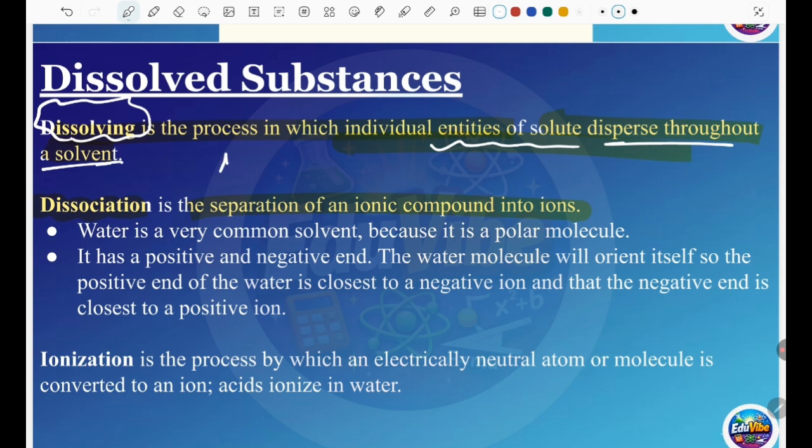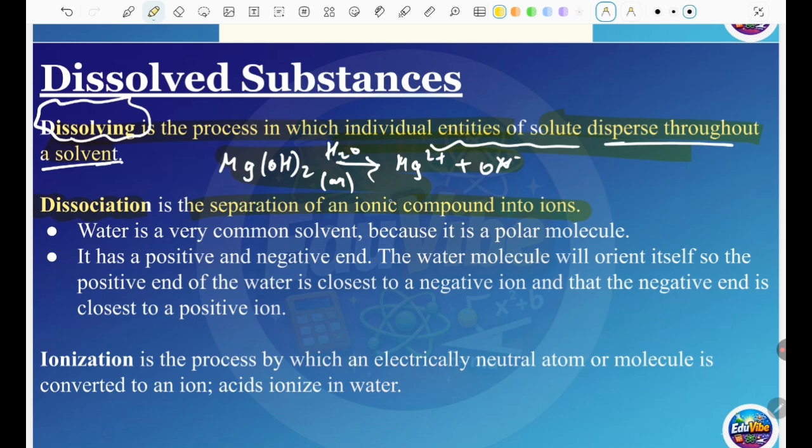For example, if you have Mg(OH)2 and want to dissociate it in the presence of water, we get Mg2+, because Mg has a 2+ charge, and OH-. Both should be aqueous, because we are talking about solutions, and solutions are aqueous. This whole process, where the ionic compound is converted into ions, is dissociation.